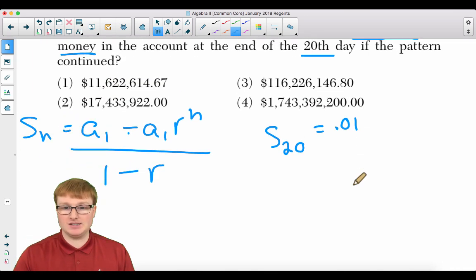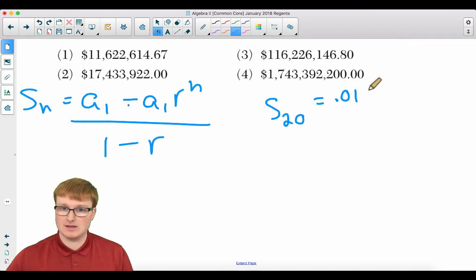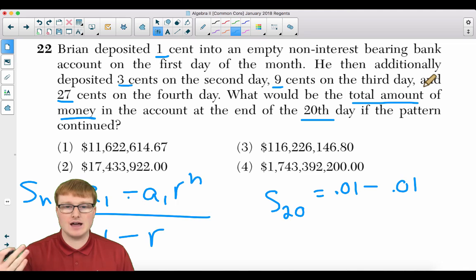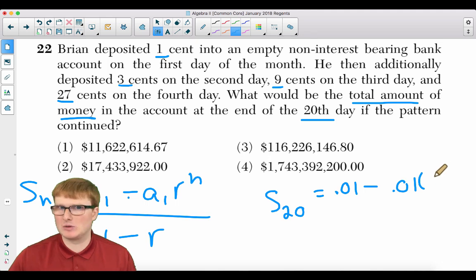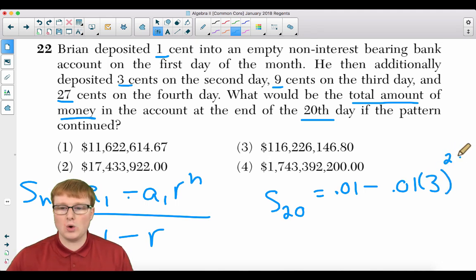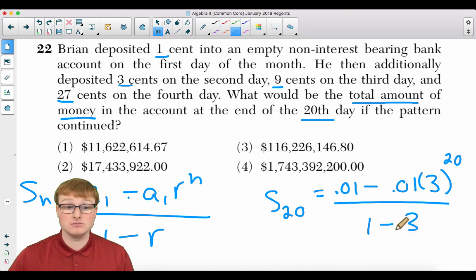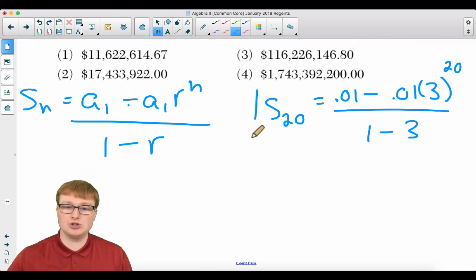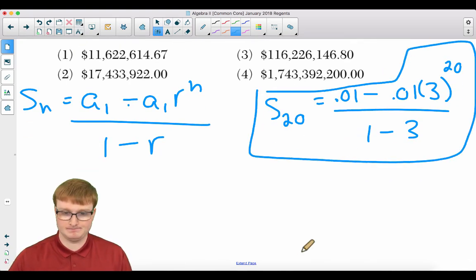Now this is minus 0.01 times the common ratio. Sorry, I forgot about that too. As I said before, we're multiplying by 3. So this is 3 to the n, which is 20, divided by 1 minus 3, because your common ratio is 3.